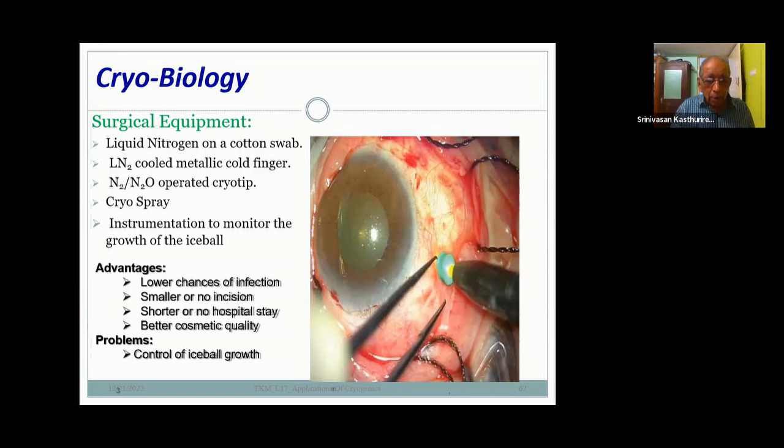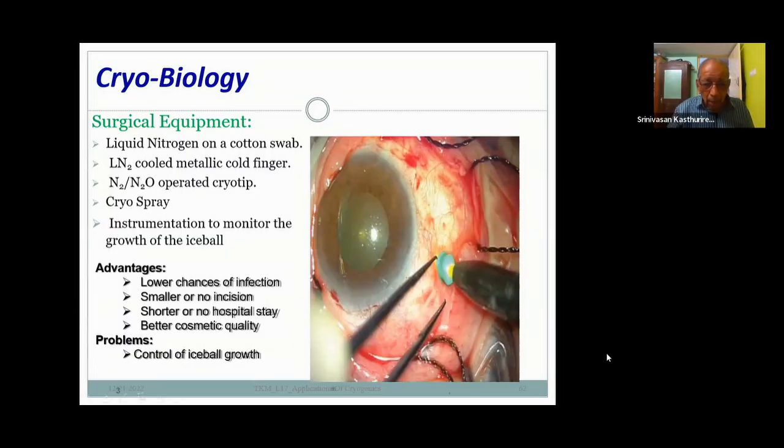When you do all this, you have lower chances of infection, and a smaller or no incision in the process. The person need not stay in the hospital for long. It's again a better cosmetic approach to the problem.